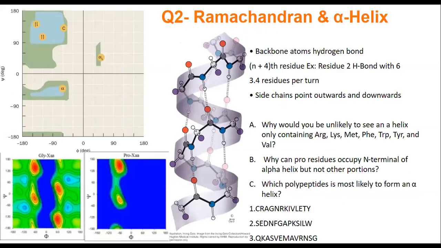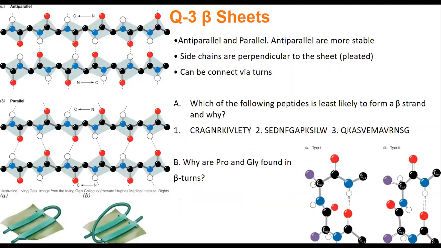Then we talked about alpha helixes, and proline and glycine being structure breakers. Proline because it does not have a hydrogen to hydrogen bond with on its backbone, and glycine because it has so much conformational freedom, it doesn't want to be restrained in an alpha helix.